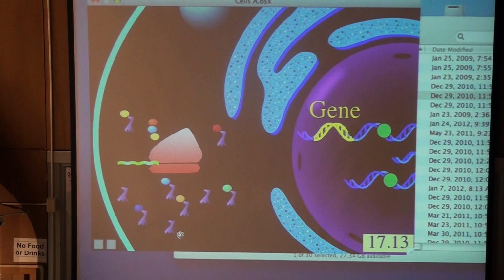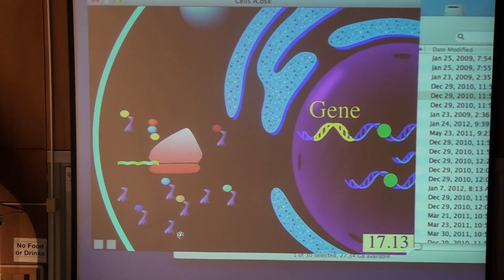I think it's just random diffusion. There's no train track that it goes along. It just drifts out in the cytoplasm and eventually just kind of randomly bumps into a ribosome. And the ribosome is a structured organelle within the cell. Yes, it's partially made out of protein and partially made out of RNA. Yeah, good questions.